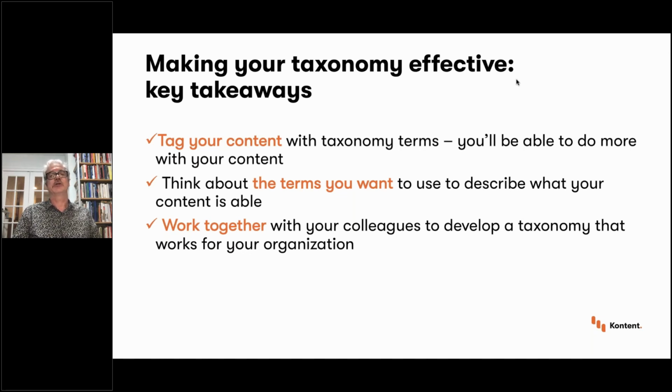That supports the authors, supports the delivery of the content, supports how customers use the content. You want to convey all that, and you want to work together with your colleagues to develop this. So I really encourage you to reach out across your organization and start this process of engaging with your colleagues to figure out what you need to have in your taxonomy.